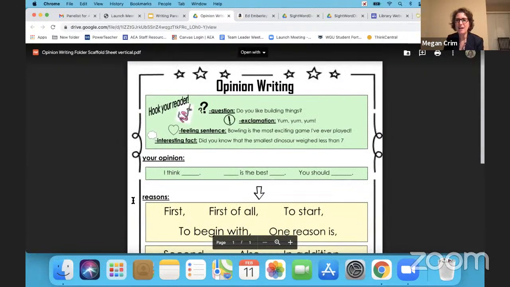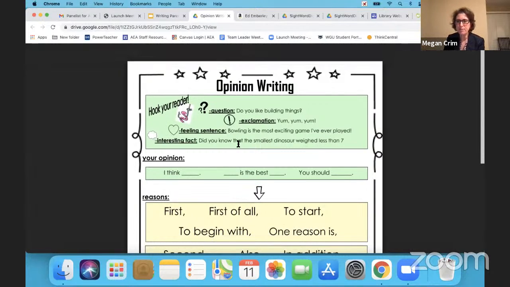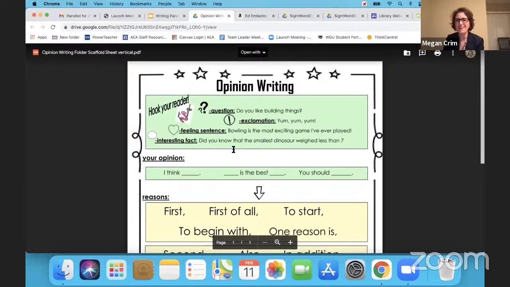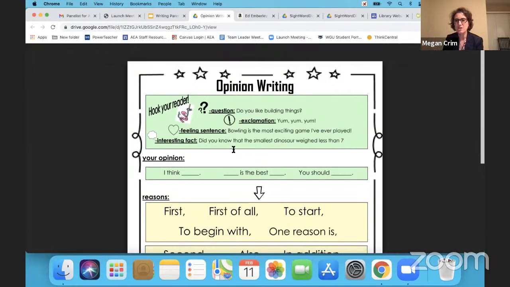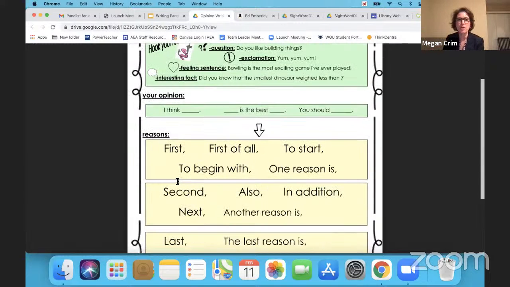I have kind of the formula laid out for what we would teach in a 1st grade classroom, that you first start your writing in an interesting way with a question. Do you like lemonade? And then you give your opinion. I love lemonade. It's the best. And then here's your how-to.